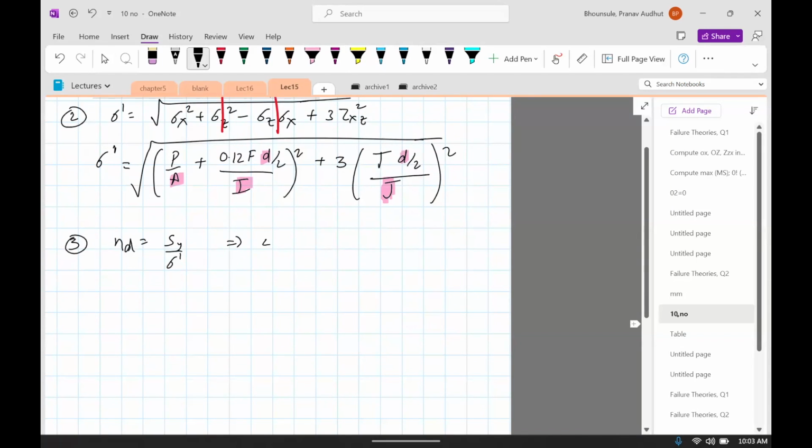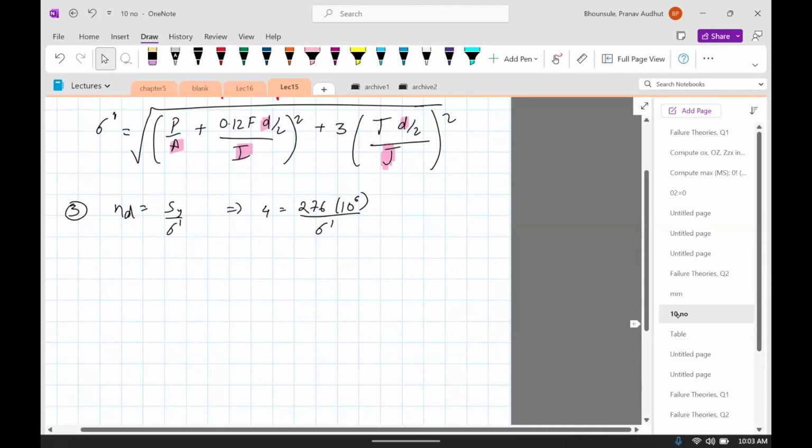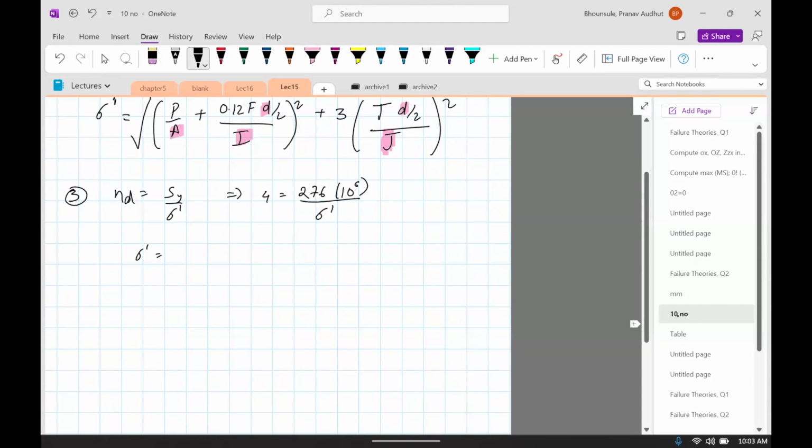So ND is 4, the yield strength is 276 MPa, and sigma prime is unknown. So I get 69. I actually wrote it in 69 megapascals, so you don't really need to do 10 raised to 6.